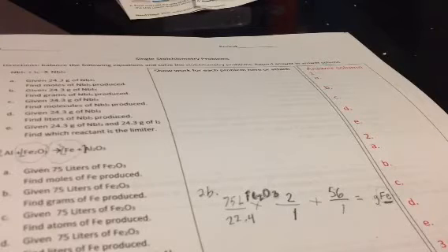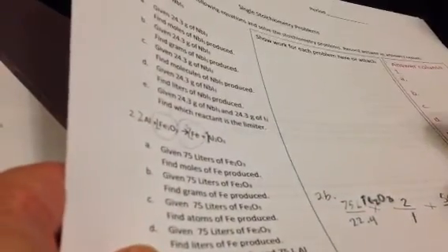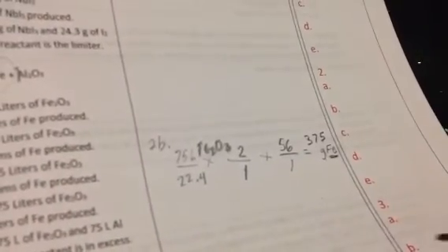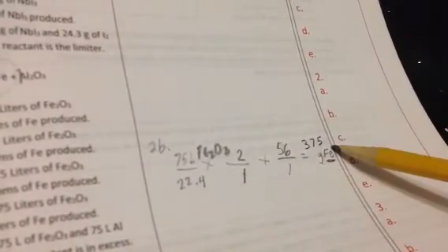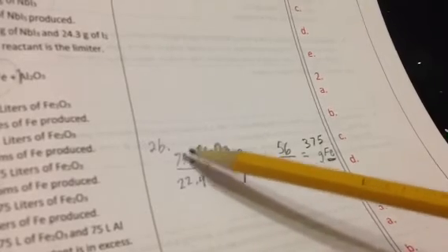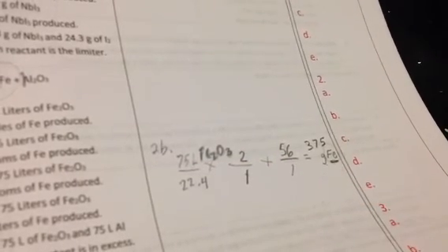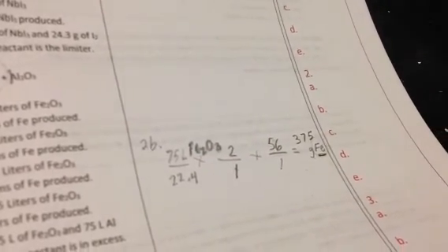So it's just 75 times 2 times 56, and then divided by 22.4. And I end up getting 375. So 375 grams of Fe is how many I could produce if I'm given 75 liters of iron 3 oxide. Hope it helps.